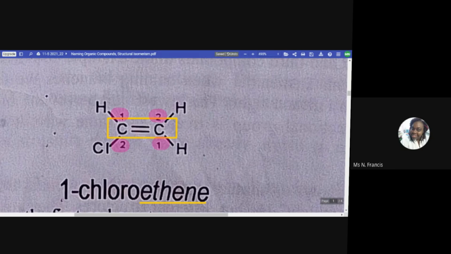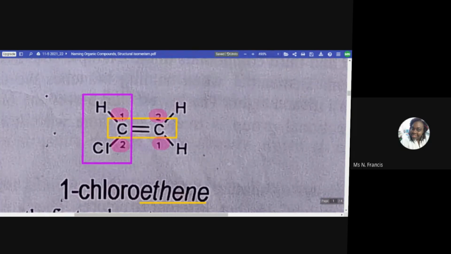Now, what do you notice about this one? In this particular one, you're going to notice that my group falls on this carbon here. That's where my branch is. It falls on this carbon. There are 2 numbers associated with this carbon. Look clearly. I have carbon number 1 and I have carbon number 2.